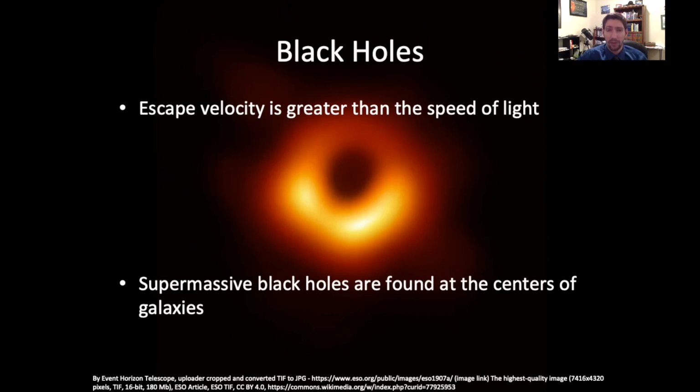To capture this, they had to use telescopes set up across the whole Earth as an interferometer. We can only see this black hole, so to speak, because we caught it in the act of eating other mass. It's brighter on one side because it's spinning.